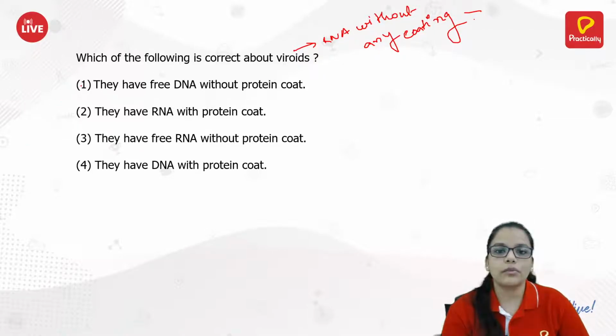Free DNA without protein coat? No, they are RNA. RNA with protein coat? No. They have free RNA without protein coat. This is the correct answer. DNA with protein coat? No. So the answer is 3. These are RNA without any coating of protein.